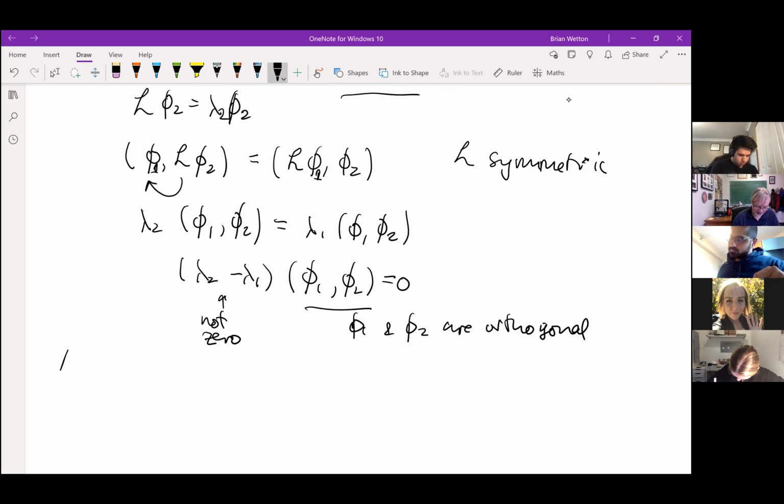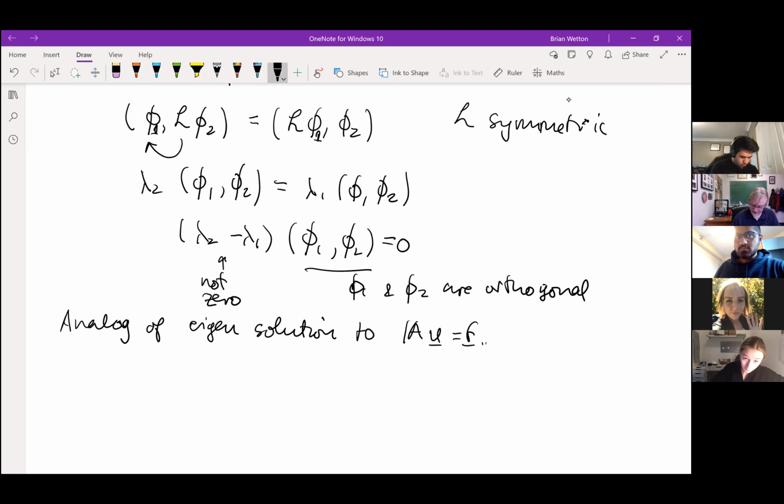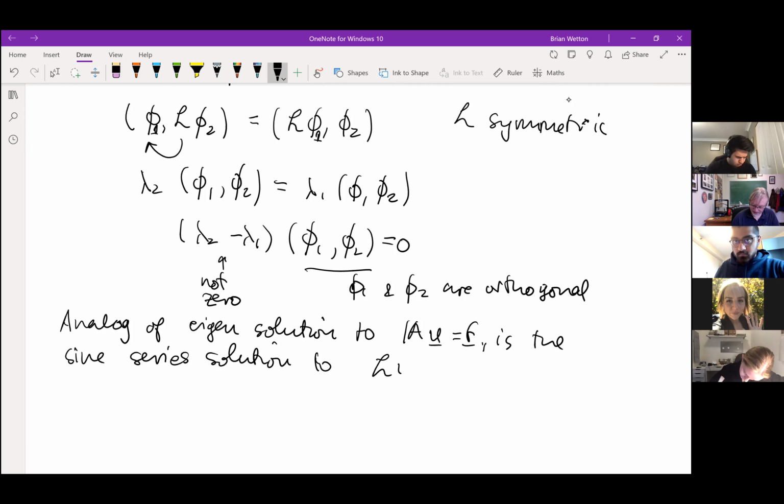I'm just going to say the analog of the eigen solution to A times U is equal to F that we had last lecture is the sine series solution to L times U is equal to F.